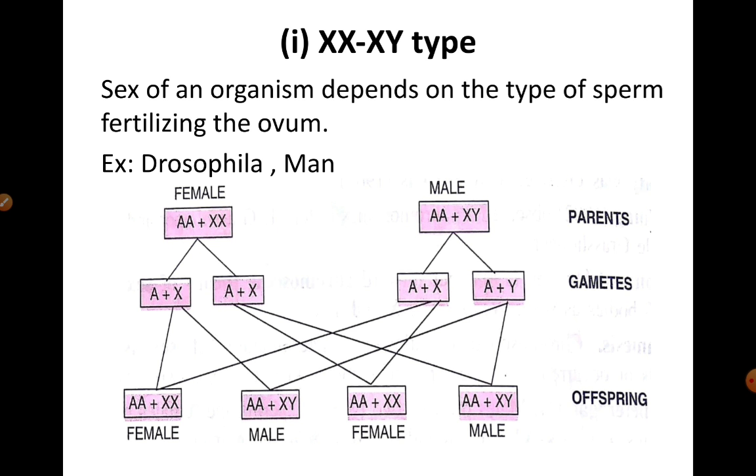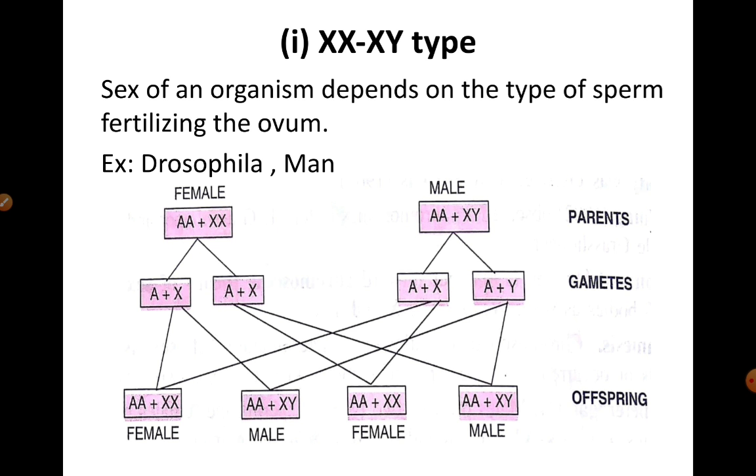So when the fertilization of the egg with 22 autosomes and an X takes place with a sperm carrying autosomes with X chromosome, that is A plus X, the gynosperm, they will produce a female child, so that they will have 44 autosomes and 2 X chromosomes. At the same time, when the fertilization of this female gamete happens with the androsperm, which carries the Y chromosome, then when this fusion takes place, it gives rise to a male child.